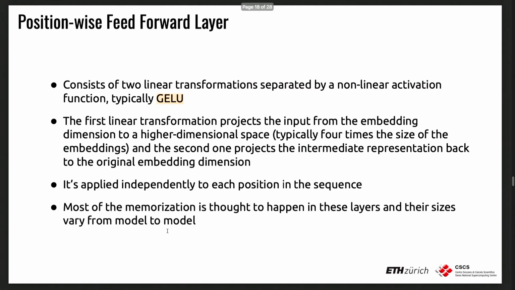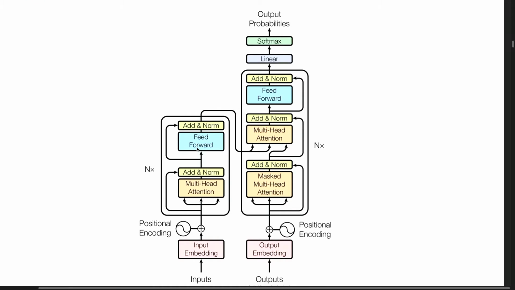So this position-wise feed-forward layer is applied independently to each position, to each embedding in the sequence. These embeddings have been mixed up, but at the end, when you apply this neural network, you can see it as batches of a single input.